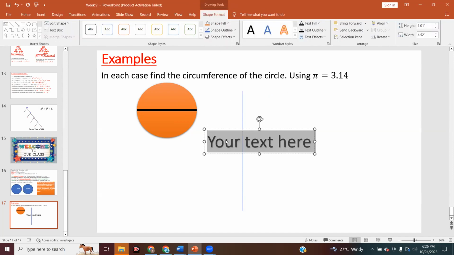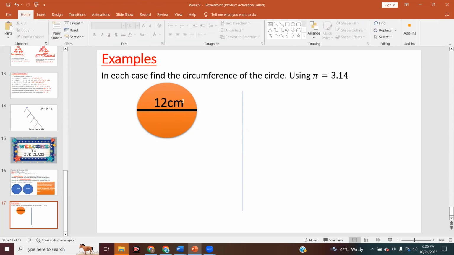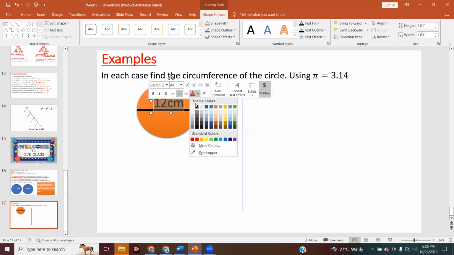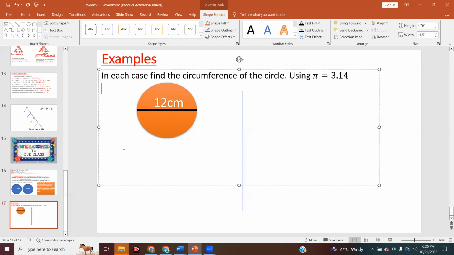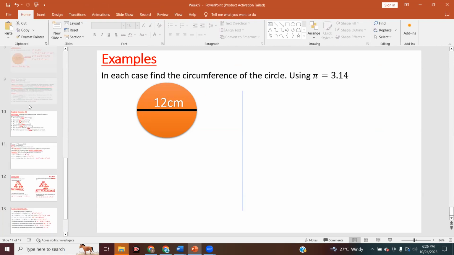Let's say that the diameter in this case is 12 centimeters. Again, our goal is to find the circumference of the circle. All right, perfect. So we know that the diameter is 12 centimeters.